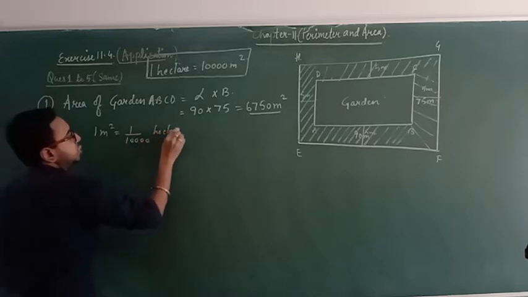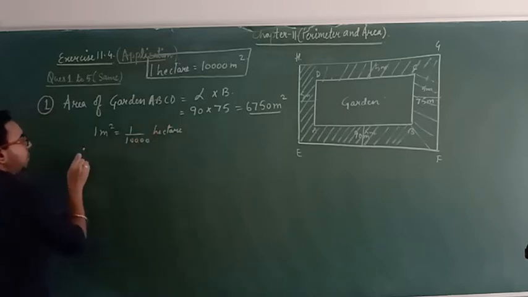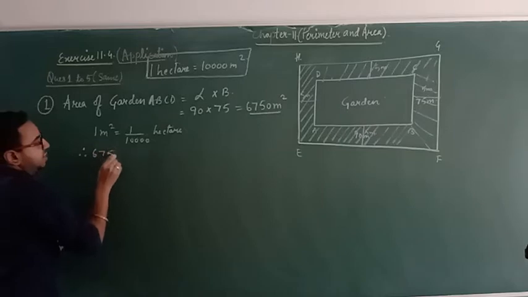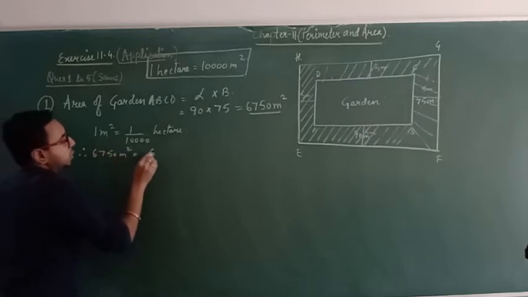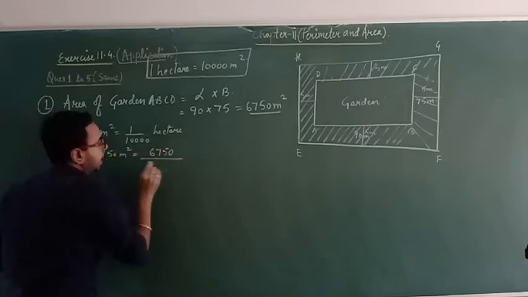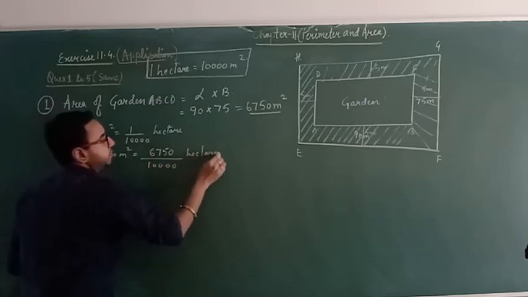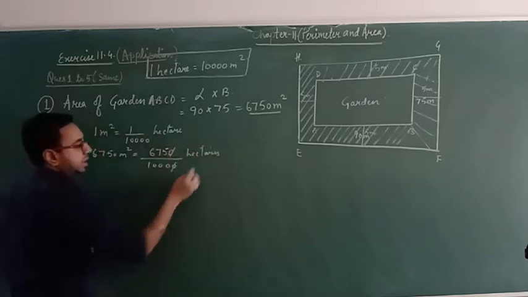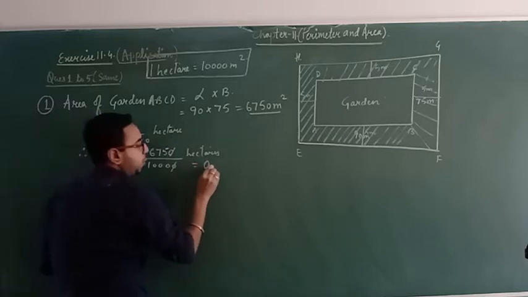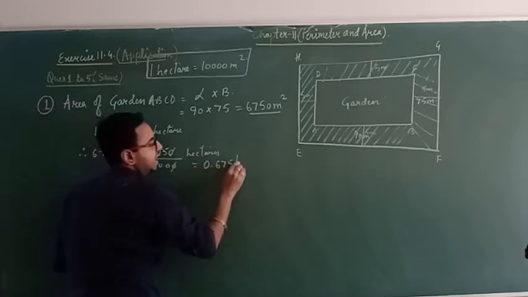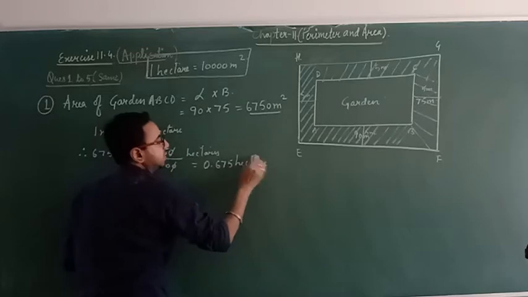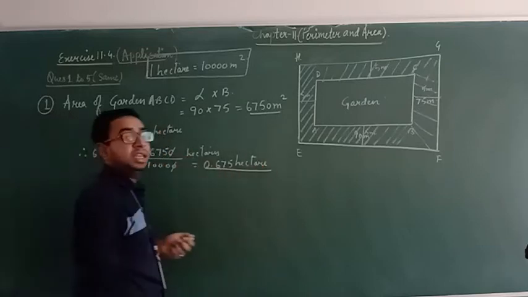Therefore 6750 meter square is equal to 6750 upon 10,000 hectares. Zeros cancel, you will be getting 0.675 hectares is the answer. That is the area of the garden.